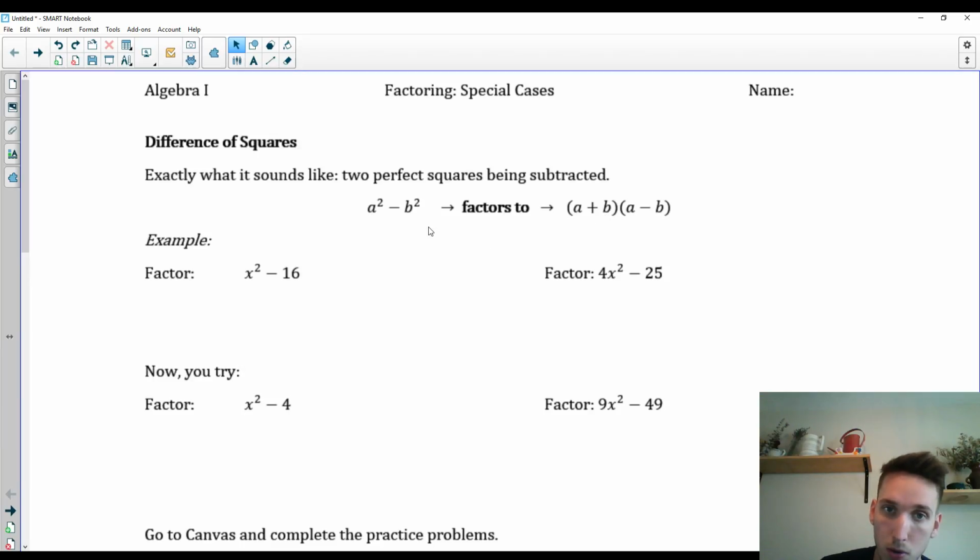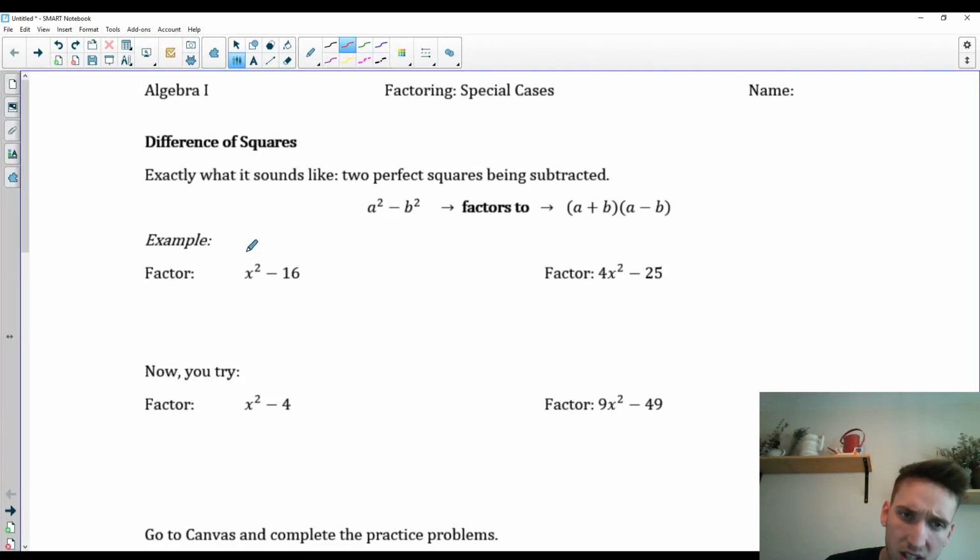B is the square root of B squared, that second term. Notice how these are the same in each one of them. The only difference is one of them is being added, the other is being subtracted. And to be honest, that's as simple as it is. As we start working these examples out, I think you'll see how these can be pretty easy once you get the hang of it.